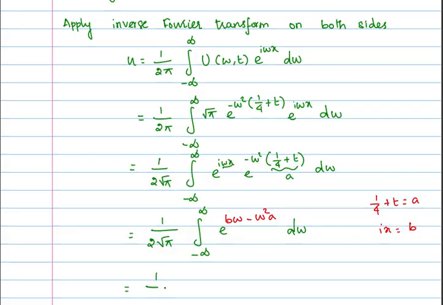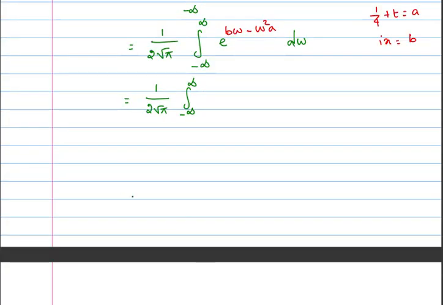I want to make the perfect square. What can I take? Exponential of minus a, I take outside, that is omega square minus b divided by a times omega.